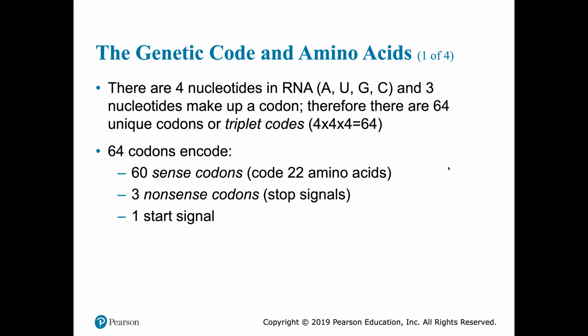So, when you have mRNA and the ribosome is reading it to build a polypeptide, it reads it in codons. A codon is a triplet of nucleotides, meaning it's 3 nucleotides.